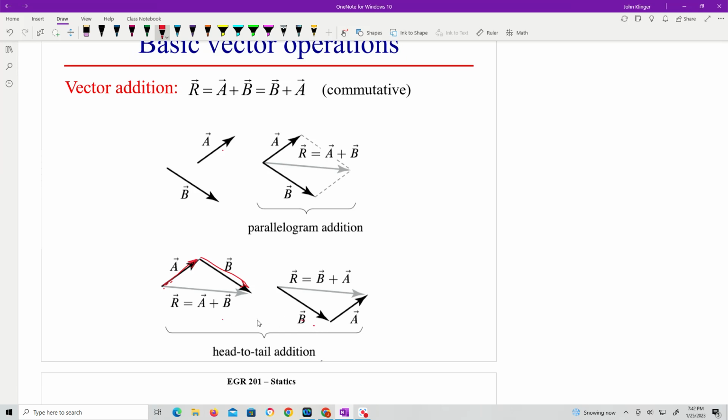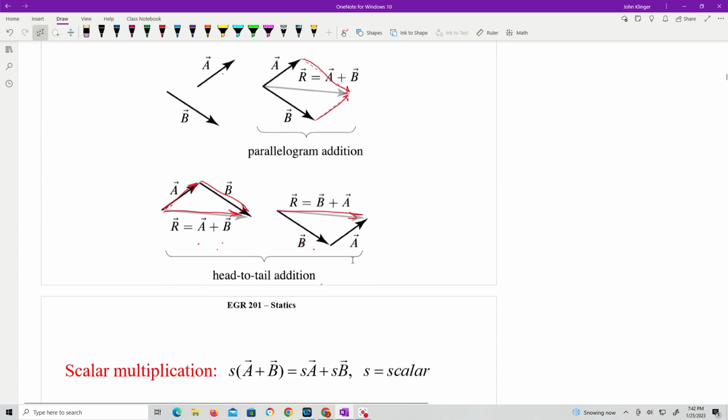And you see it doesn't matter the order, A, B, or B, A added first gives us this exact same vector. This is exactly the same result. And you can see that through this parallelogram addition, same thing. It would be like head to tail. Depending on the problems, you'll look at each problem a little differently.